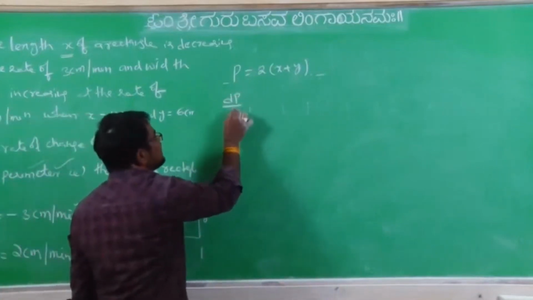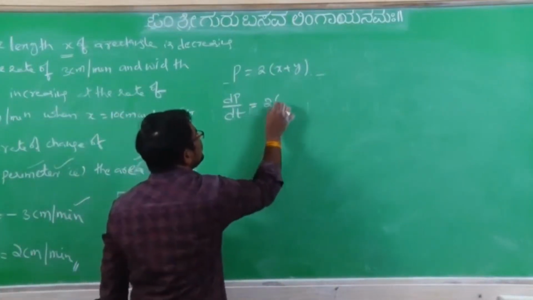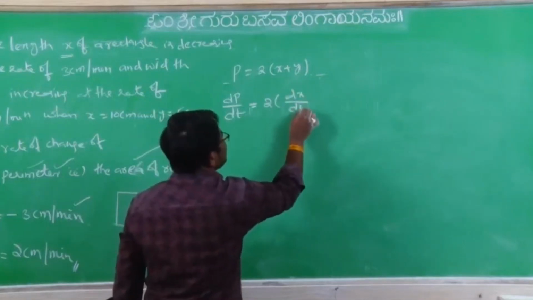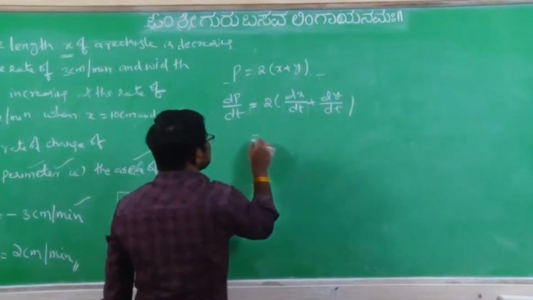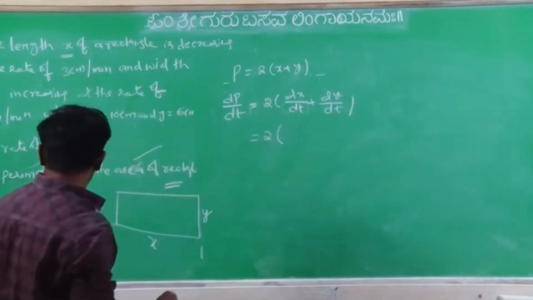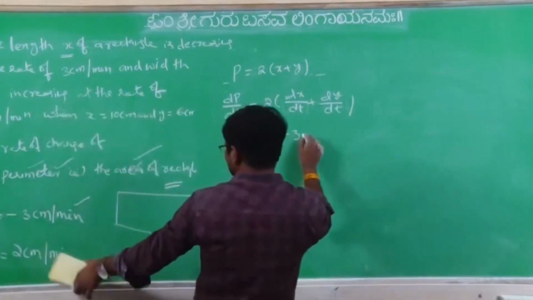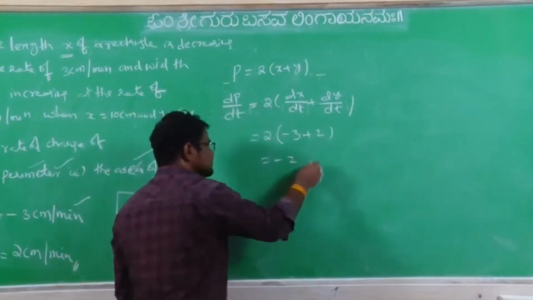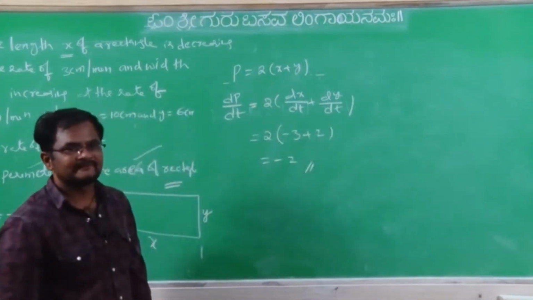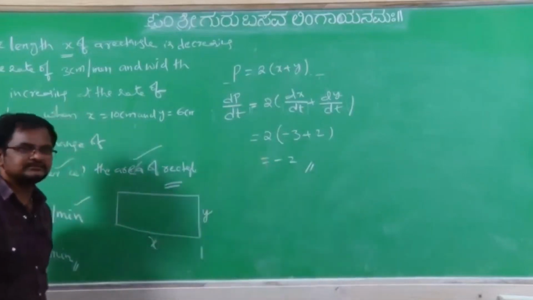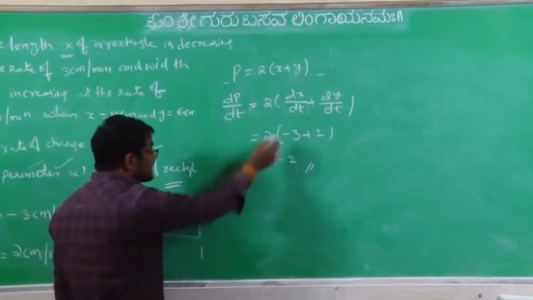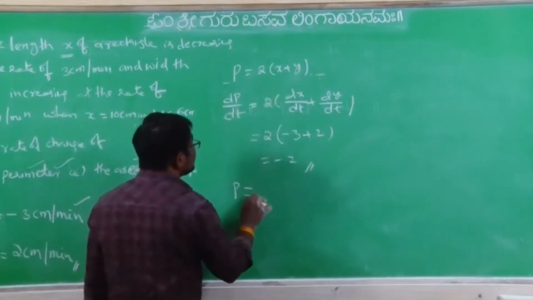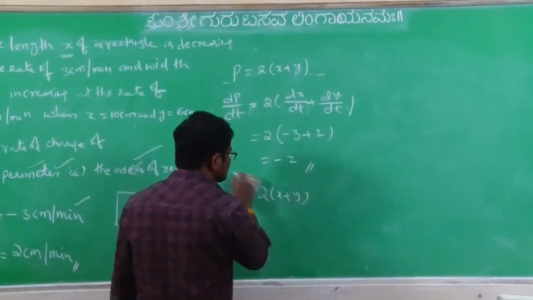Now dp by dt with respect to time equal to 2 into dx by dt plus dy by dt, that is equal to 2 into minus 3 plus 2, that is equal to minus 2, right? Now what are the units? Centimeter per minute. But why can't you take it like this?